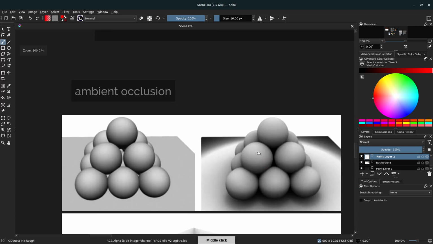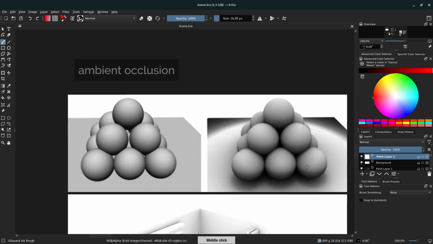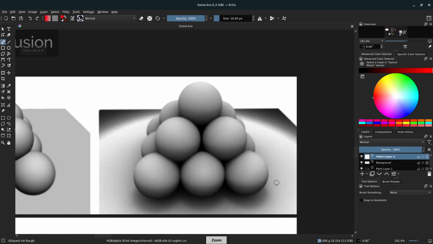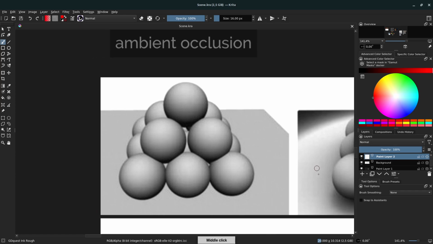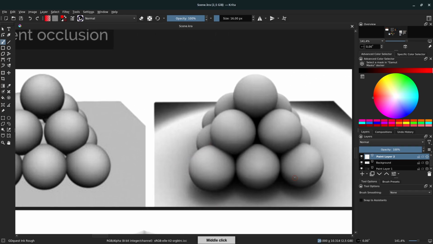This is called ambient occlusion. On the left there's no ambient occlusion, and here we have ambient occlusion. You can see that places where objects are close to each other are darker. And it adds a lot of realism. This looks realistic. This doesn't really. There are no hard shadows here. There's just ambient occlusion.